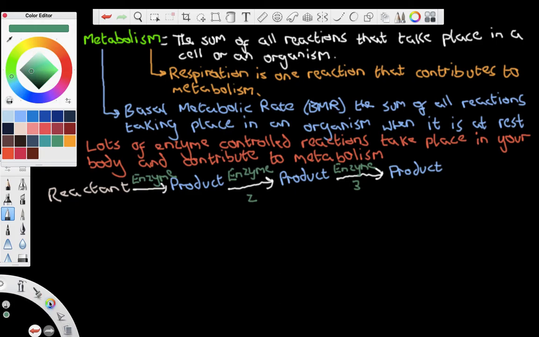So what I'm going to say is that metabolism, I'm going to put it in red, metabolism is controlled by enzymes, full stop.